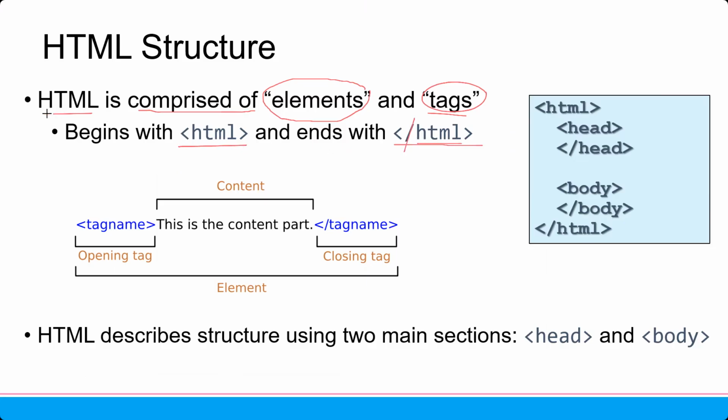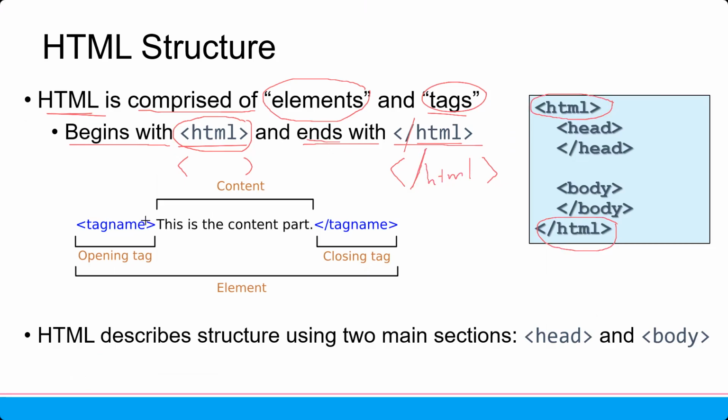The HTML structure begins with html in triangle brackets, and it ends with html with a backslash and the triangle brackets. So you can see here, this is the beginning, this is the ending. The ending will always have the backslash.